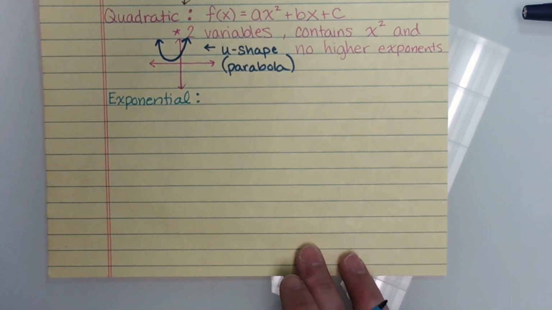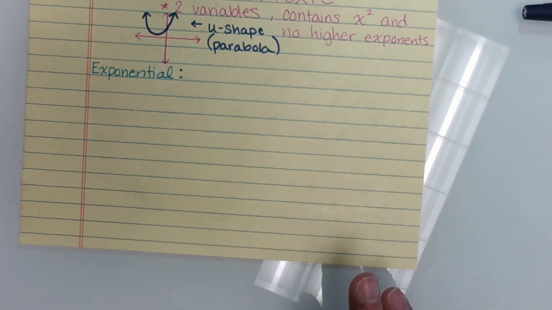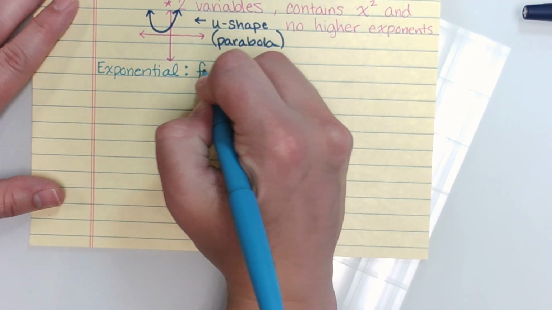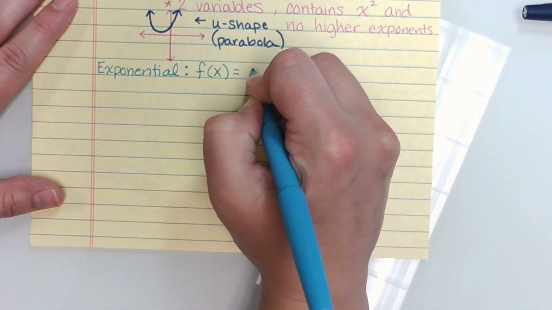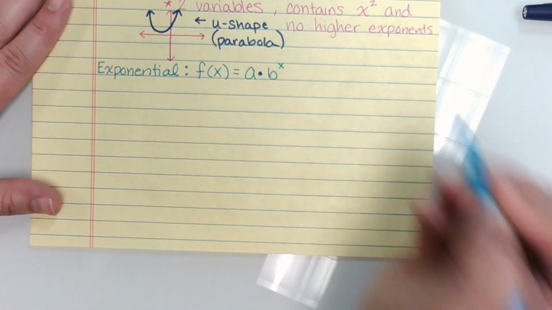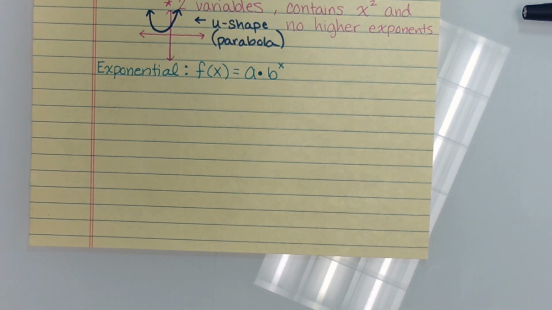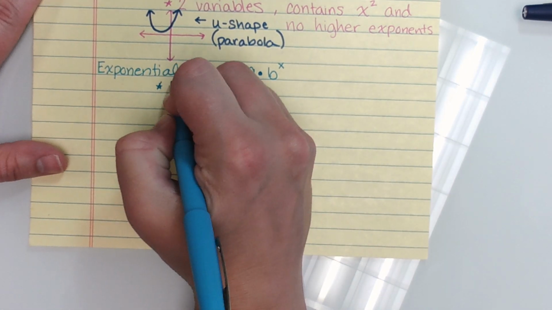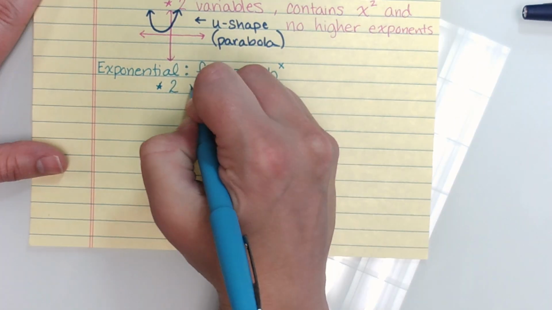In Algebra 2, we also deal with exponential functions in the form of f of x equals a times b to the power of x. A and b, again, are placeholders, because just like the others, exponential functions have two variables.